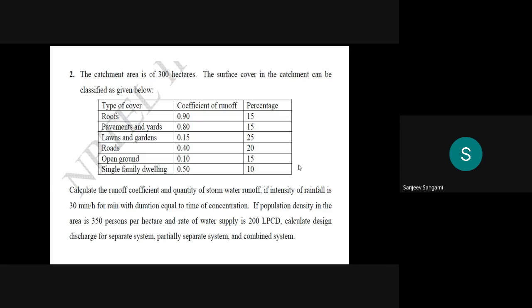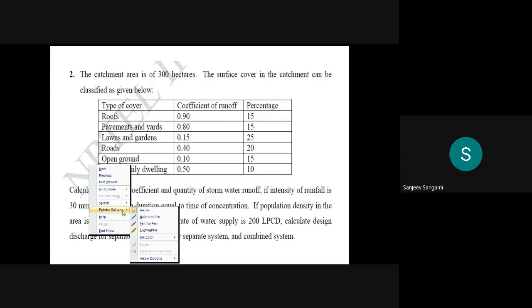Of course, the problems are very easy in the competitive examinations, but what they will do is change the units. For example, we have the empirical formula that we already discussed, Q is equal to CIA.